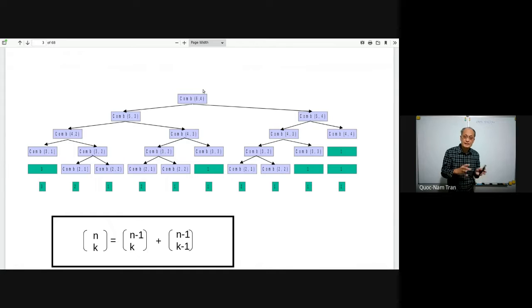And then for each of the smaller problems, we have to apply the recursive algorithm again. Looking at the tree we have, every calculation is represented by a node on the calculation tree. What do you observe?